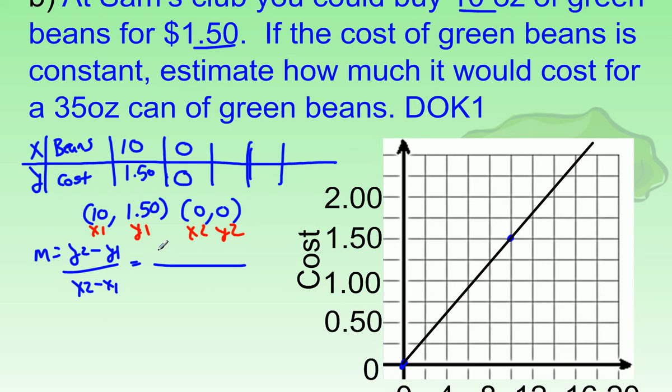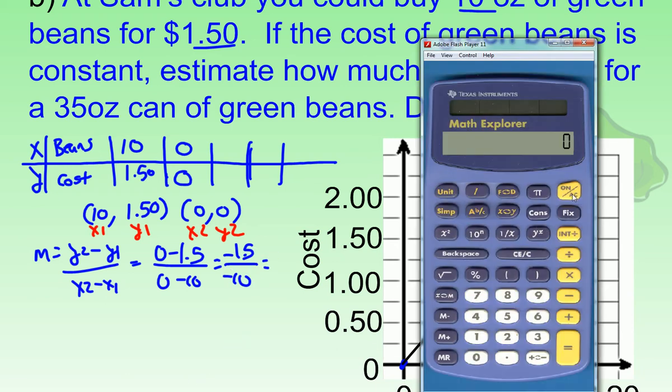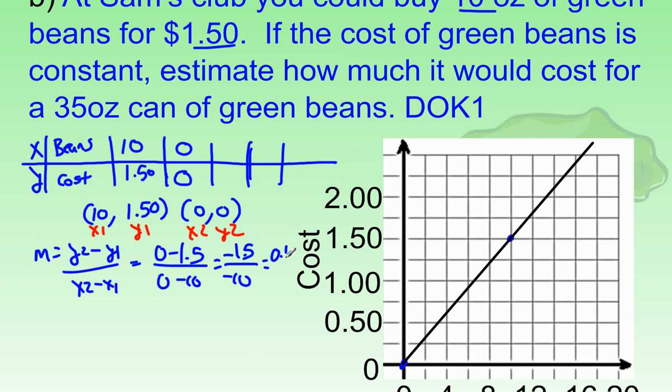So that gives us 0 minus 1.5 over 0 minus 10, which is negative 1.5 over negative 10, and that simplifies down to a positive 1.5 divided by 10, which is going to be 0.15. So 0.15 over 1.